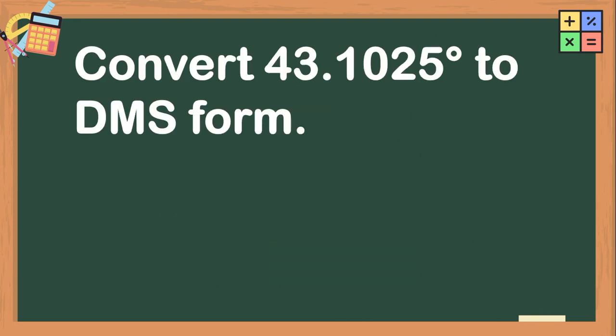Next, how about this? Using your calculator, convert 43.1025 degrees to DMS. Answer? What is the degree? Of course, 43 degrees, di ba?